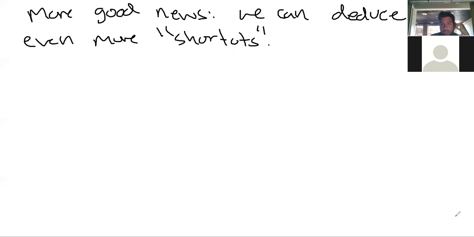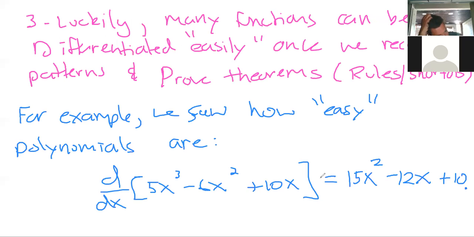what makes differentiating polynomials easy is a general rule called the sum difference rule. If you look at this polynomial, it has three terms, 1, 2, 3. Because of our limit laws, if I wanted to take the limit of those three pieces added together, the limit laws say I can do each piece separately and then add the limits together.